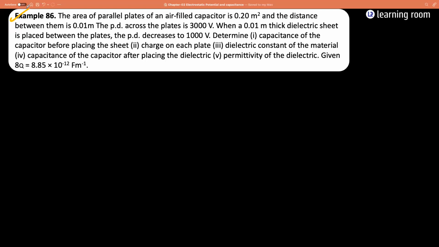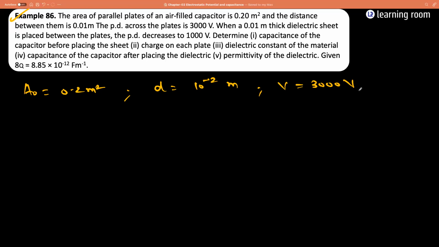The area of parallel plates of an air-filled capacitor is 0.2 meter square, so A naught is equal to 0.2 meters square, and the distance between the plates is 10 power minus 2 meter. The potential difference across the plates is 3000 volt.